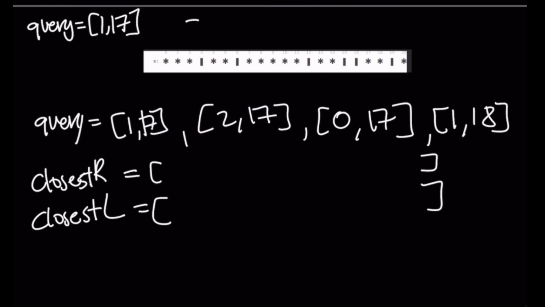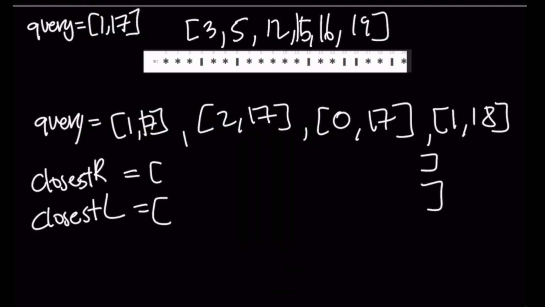So first, we figure out that the candles exist in index 3, 5, 12, 15, 16, and 19. Then from here onwards, we just compare the two, right?